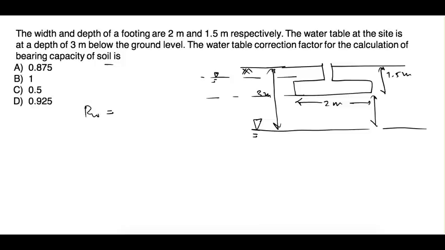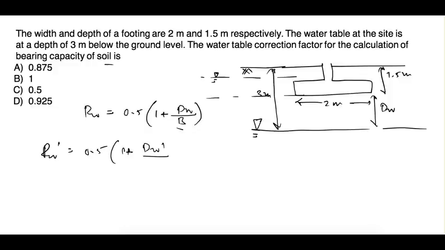The water table correction factor is given as 0.5 (1 + dw/b). Here dw is the depth of water table, b is the width of the footing. One more correction factor that is applied is 0.5 (1 + dw'/df). If the water table is in this zone, this will be the dw', and this value is the df. Here the water table is not in this zone, so we will discard this one.